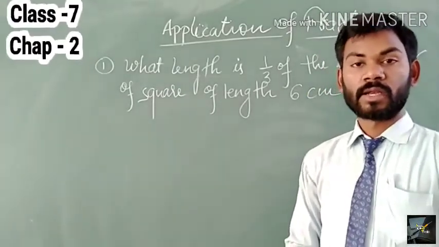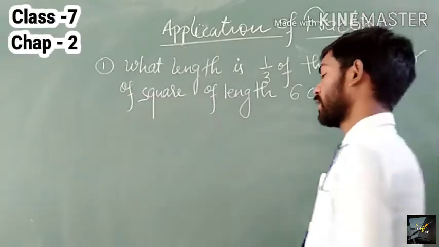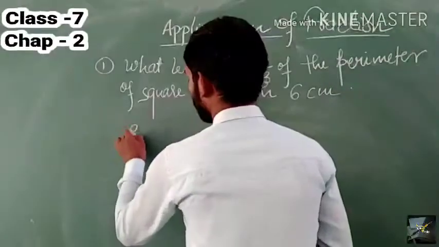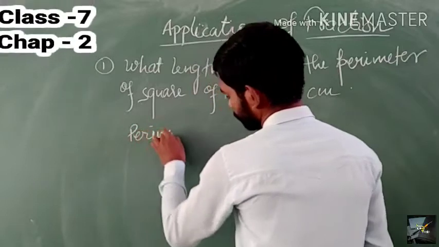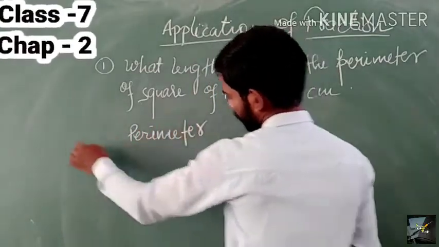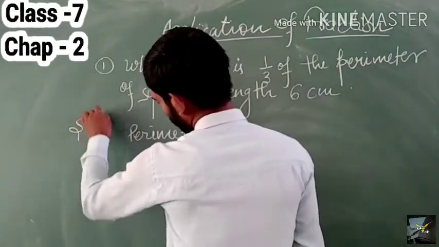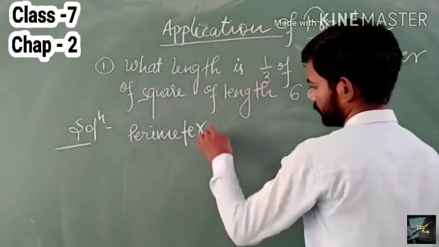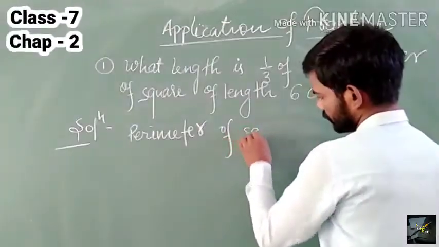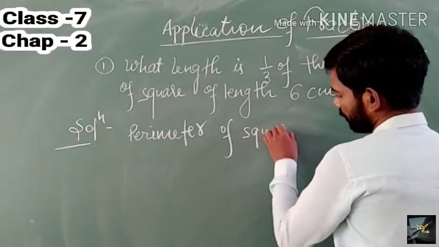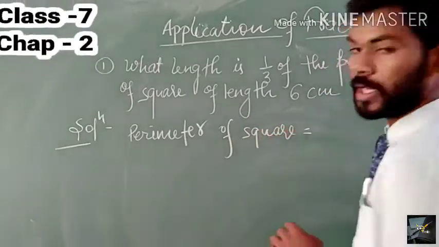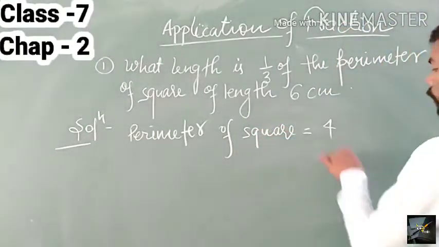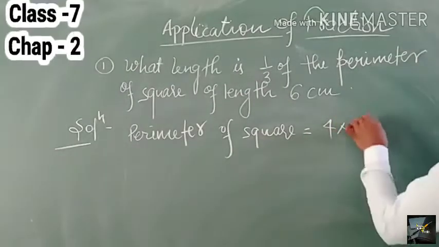So students, first let's find the perimeter of the square. We know that the perimeter of a square is 4 into side.